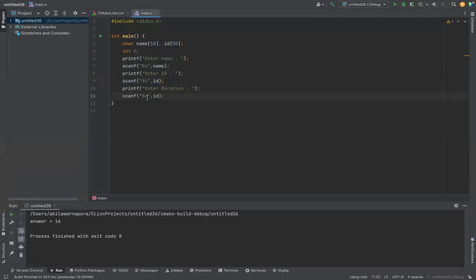Duration is an integer type variable. Therefore, you can use %d and the variable called d. But here d is not an array. It is a usual, ordinary variable. Therefore, you need to pass the reference here for the scanf function, so you need to use the & sign.